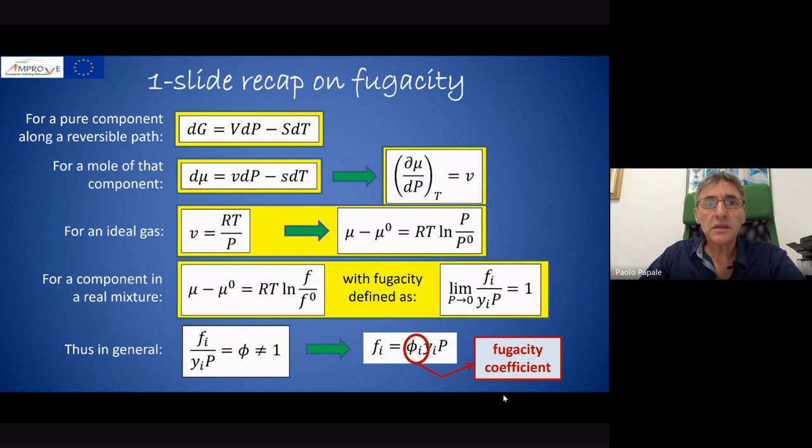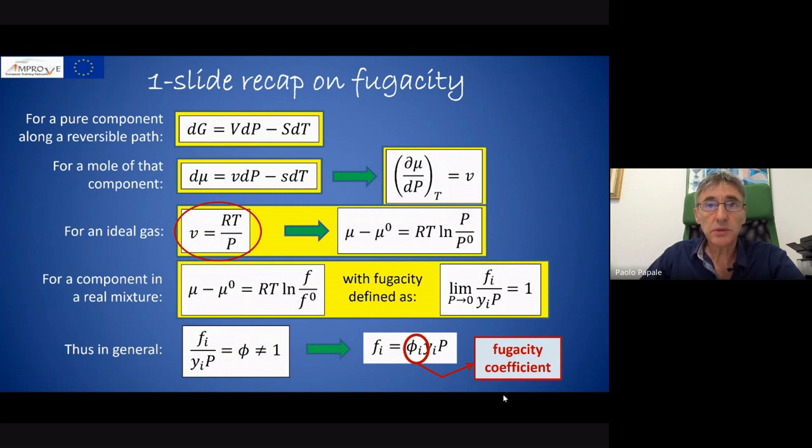What makes it easy with ideal gases is that we know an expression for the molar volume, what we call an equation of state, which relates volume to the specific pressure, temperature, composition conditions.